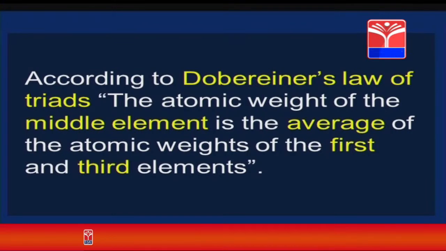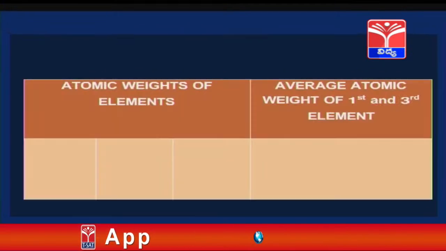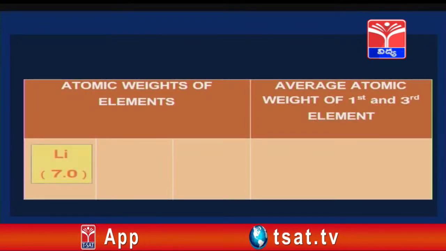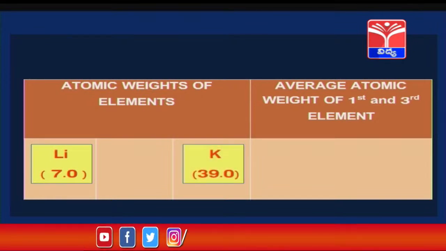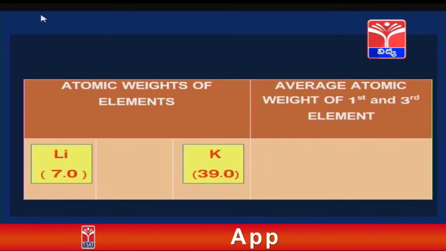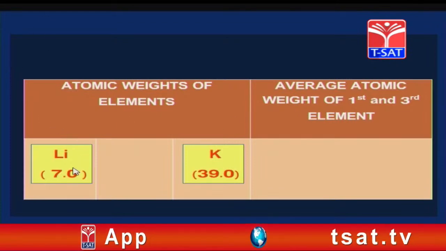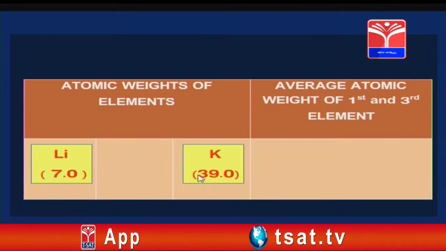Now, let us see here, atomic weights of 3 elements I have given. It is lithium whose atomic weight is 7, potassium whose atomic weight is 39. Now, lithium is the first element in the Dobereiner triad and potassium is the third element.